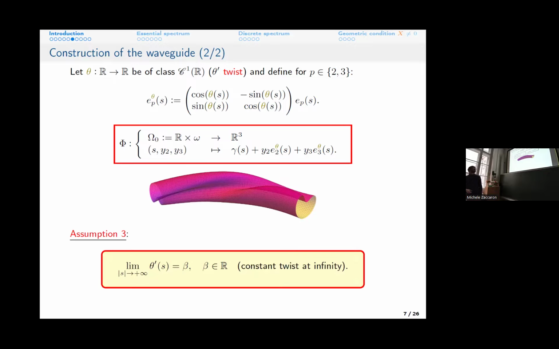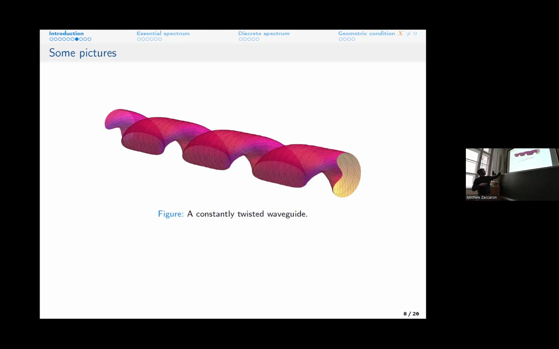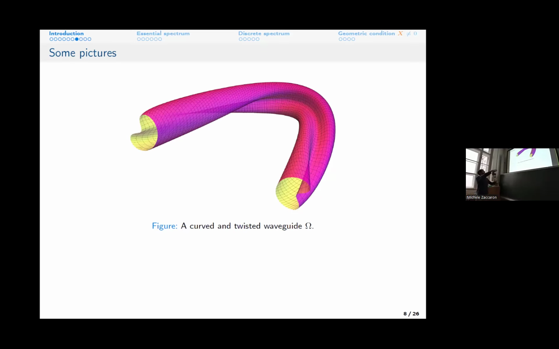So, the final assumption that we assume throughout the talk is that the twist at infinity goes to a constant. Can be 0, can be not 0, but goes to a constant. So, in a particular case, we can construct this type of geometry as a straight perturbed waveguide omega, bending and twisting.